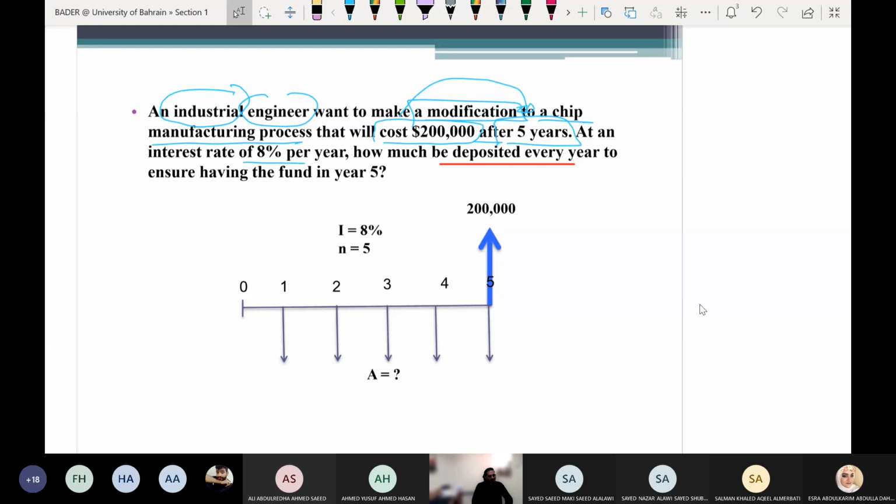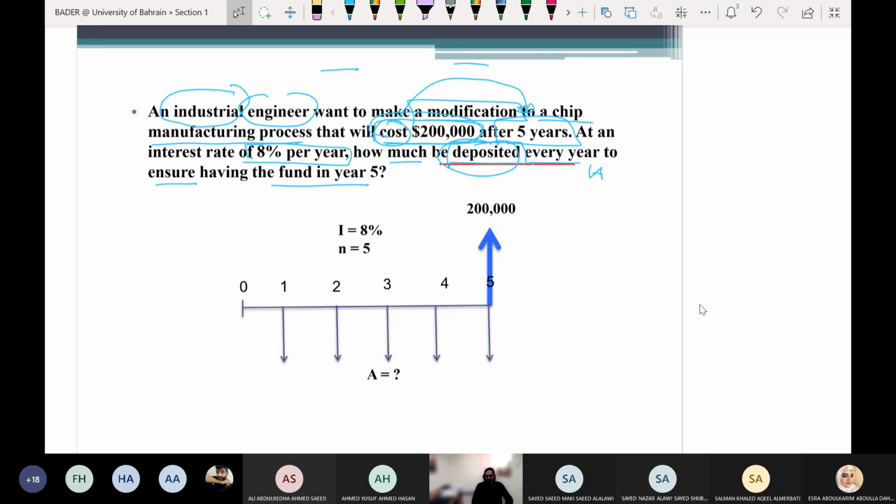At an interest rate of 8% per year, how much should be deposited every year, that means I'm speaking about an A, to ensure having the fund. Now there is a problem. I can see the word cost and I look at deposit. So both of them are negative. Doesn't make sense. Abdullah, please make sure to read the question clearly. Now, his modification cost.